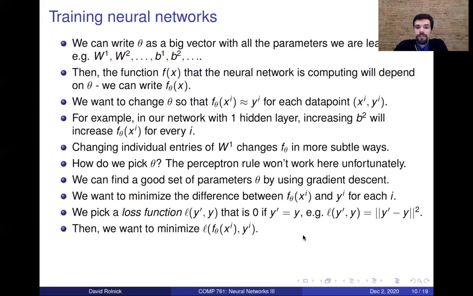Okay. So then we want to minimize this loss function. And what do we want to change here? What are the variables that we are changing in order to perform the gradient descent? Because gradient descent means changing some variables. Yeah.